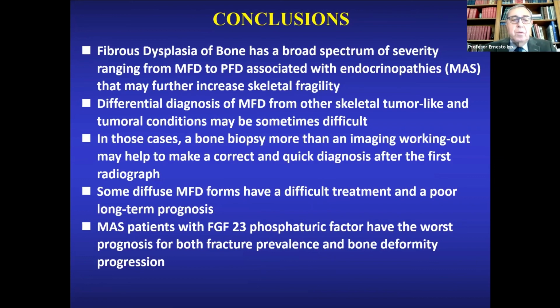Some diffuse polyostotic forms have a difficult treatment and a poor long-term prognosis. McCune-Albright patients with FGF23 phosphaturic factor have the worst prognosis for both fracture prevalence and bone deformity progression.